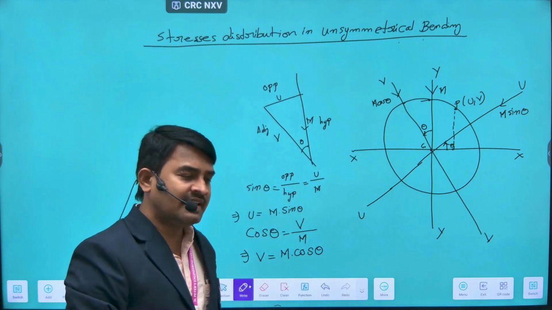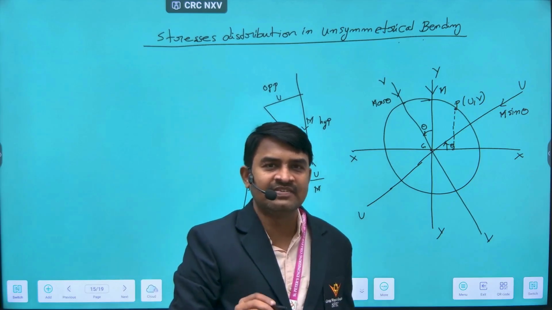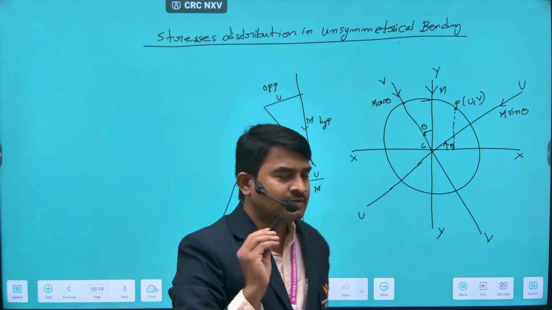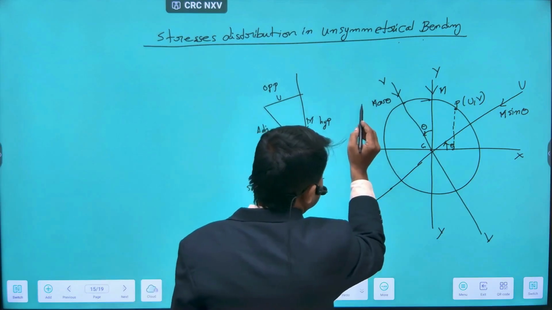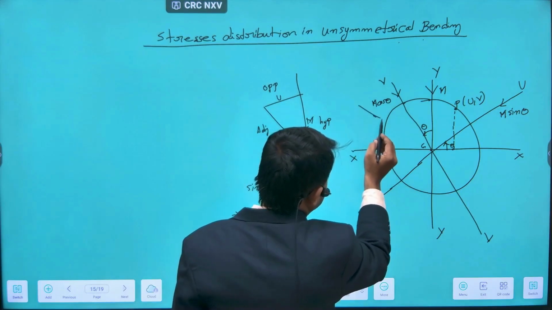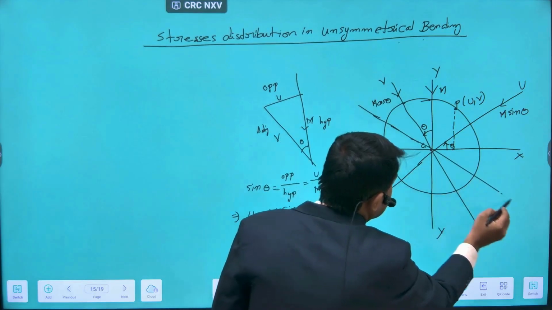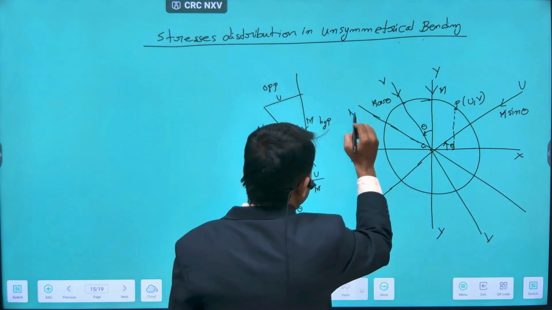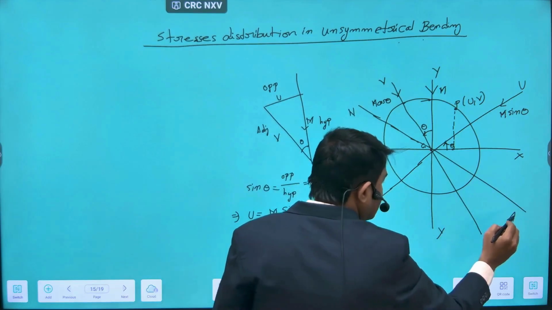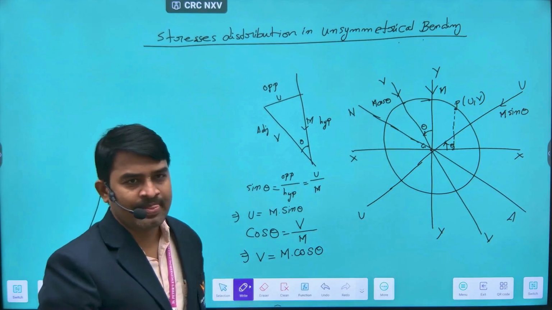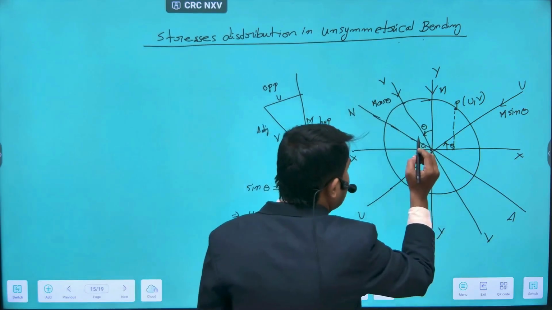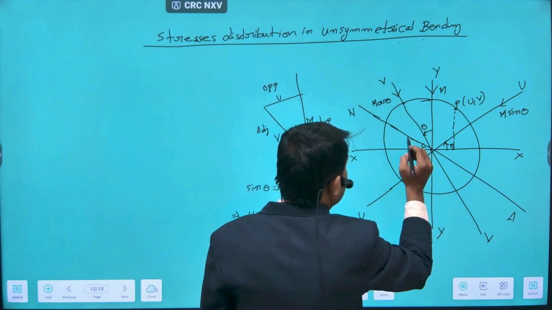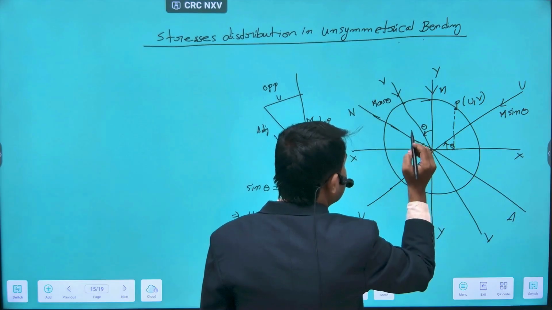The very important step here is to identify the neutral axis. This is the neutral axis of this section, NA. Now draw a line parallel to the UU axis.